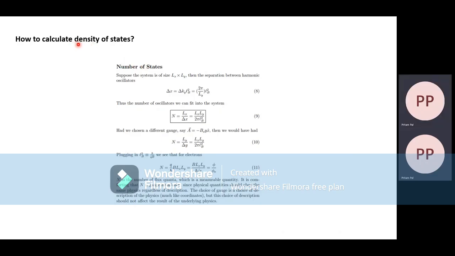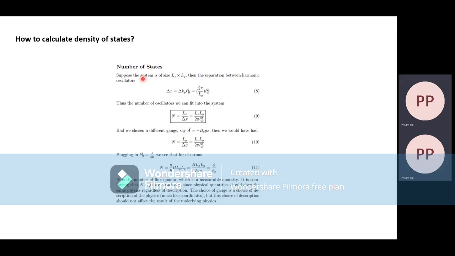Now how will we calculate the density of states? This is another very important concept that you need to understand. Suppose you have a system of size Lx times Ly.